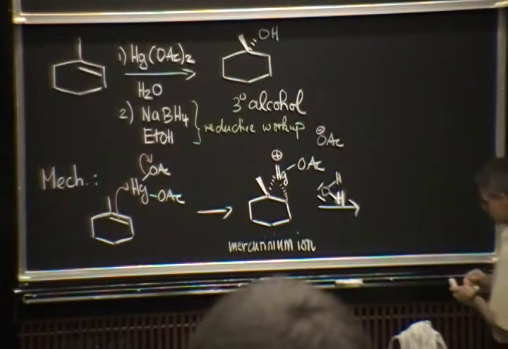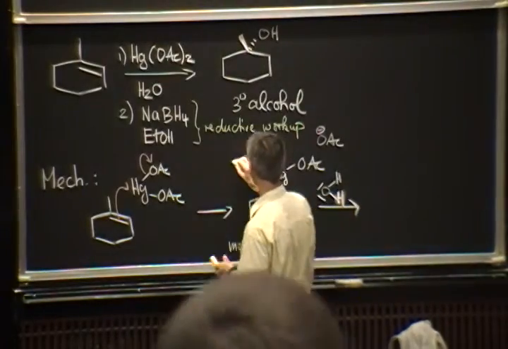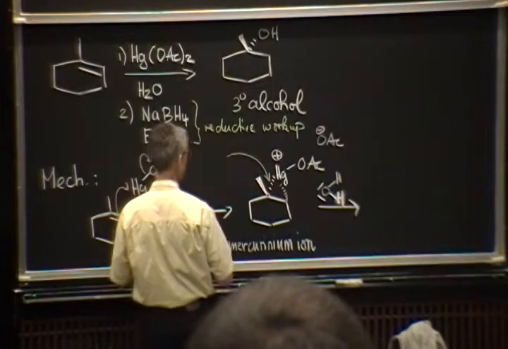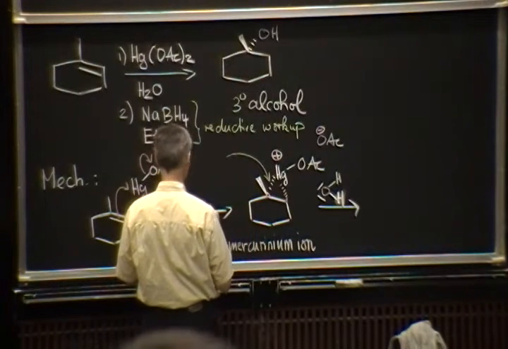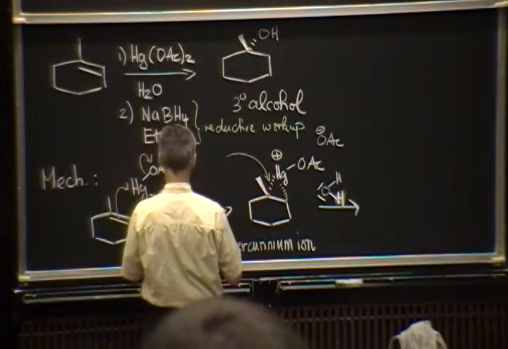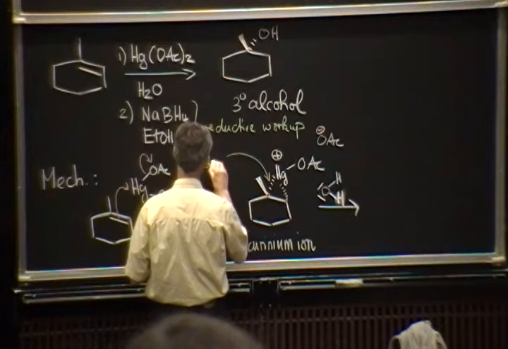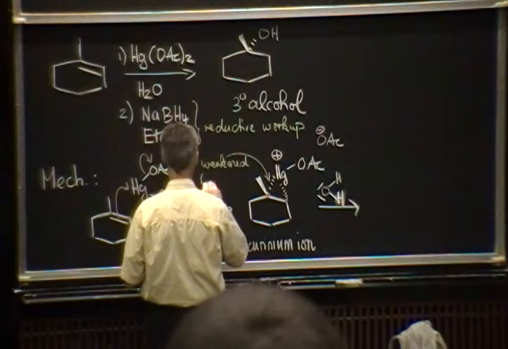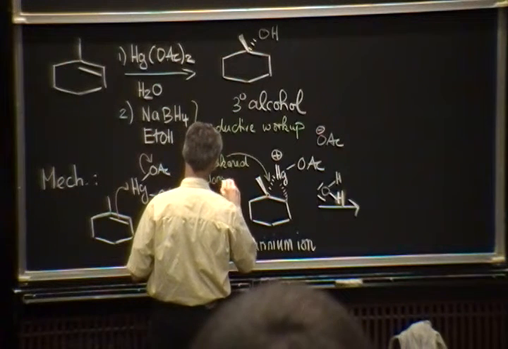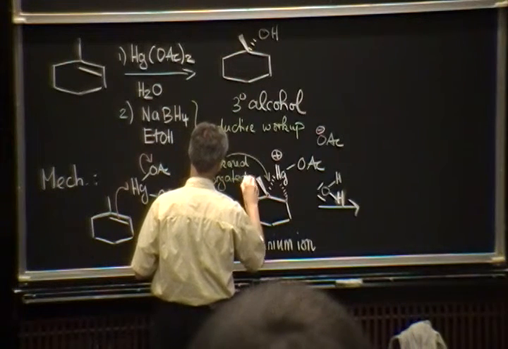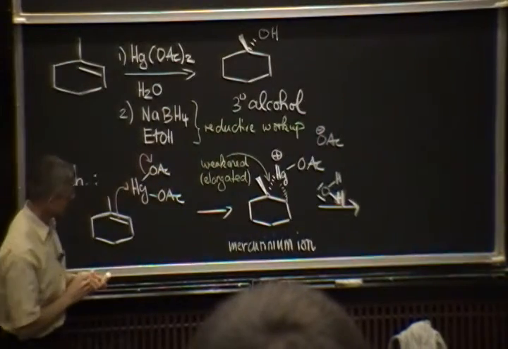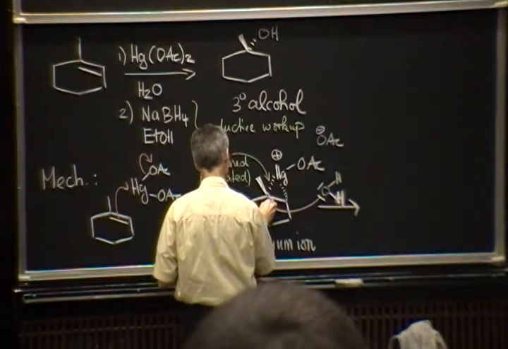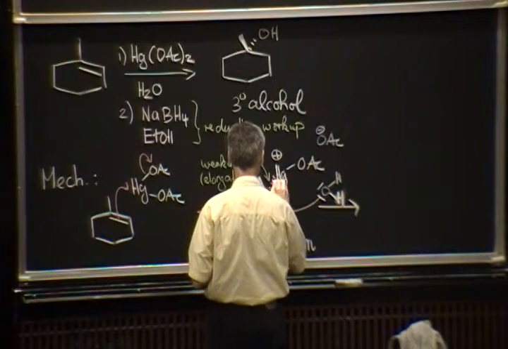Again, the similarity is that we attack at the weakened bond. So this bond is weakened because it gives us essentially an access to a tertiary cation. So this bond is weakened or elongated. So this bond becomes the natural place for the water to attack.